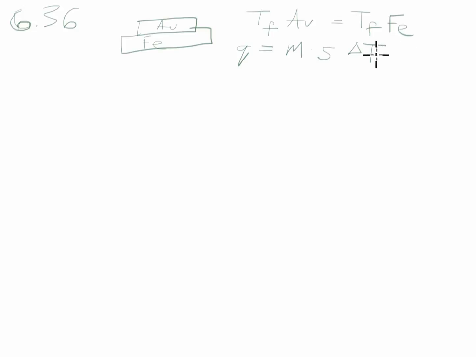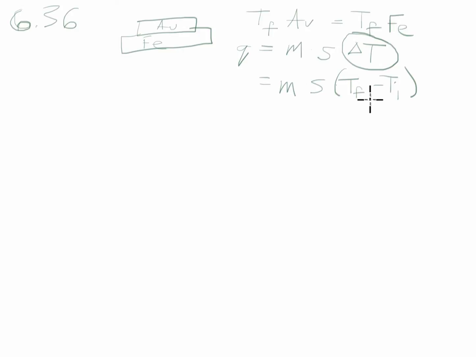We're given the initial temperature, but we can't directly calculate delta T, so we leave delta T as the final temperature minus the initial. This is the form of the equation we'll use.